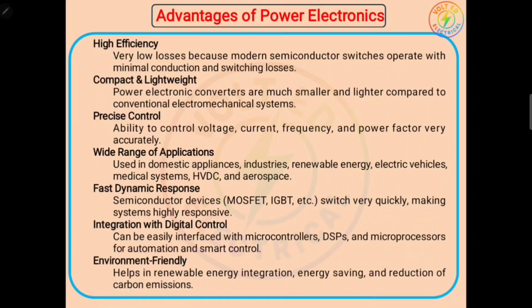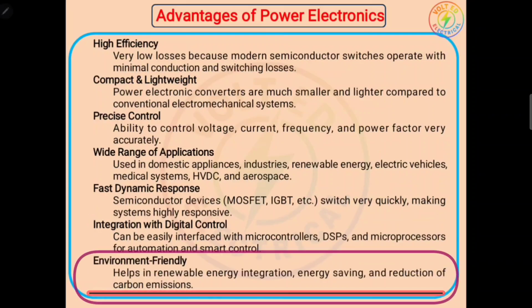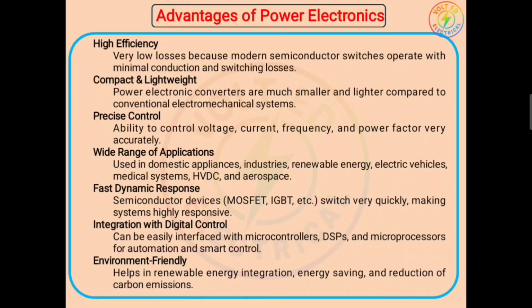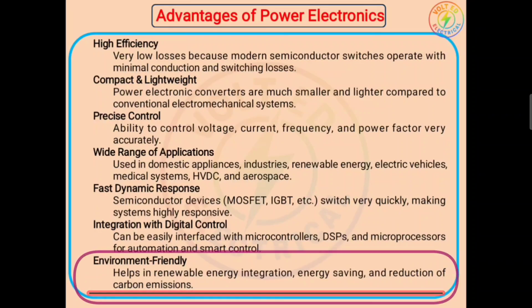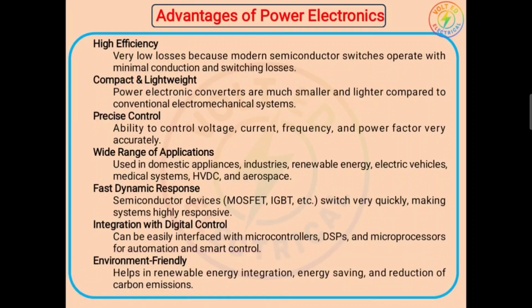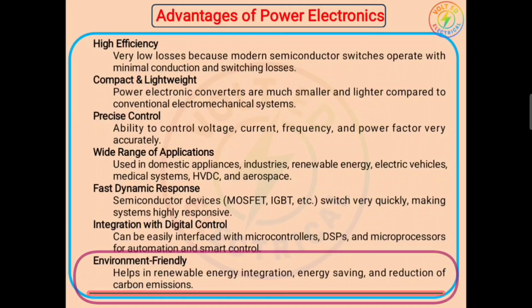Environment friendly: power electronics plays a major role in renewable energy integration like solar, wind, fuel cell. It helps in energy savings and reducing carbon emission, making it a key technology for a sustainable future. So these are the huge advantages of power electronics.